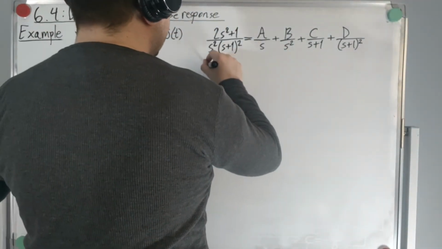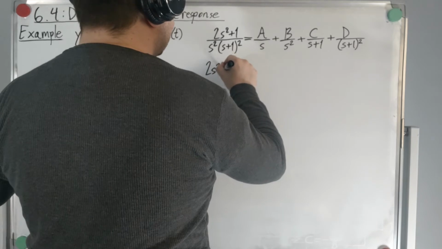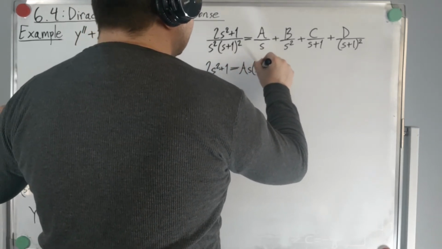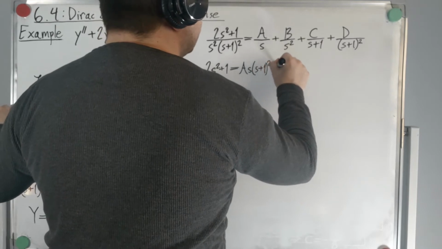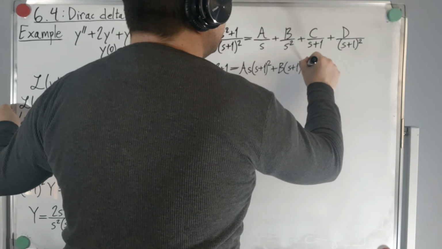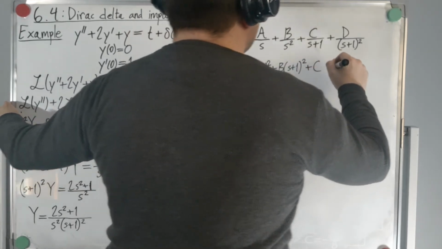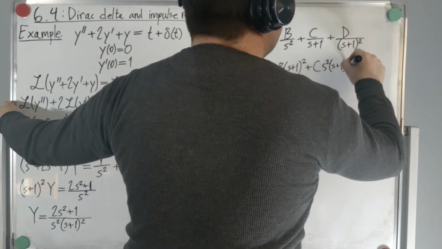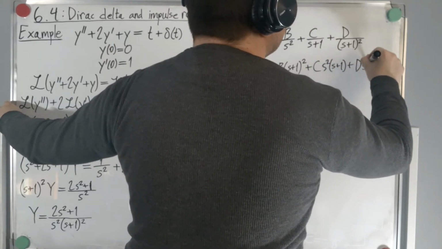You can multiply through. You'll get 2s squared plus 1 equals A times s (s plus 1) squared plus B times (s plus 1) squared plus C times s squared times (s plus 1) plus D times s squared.